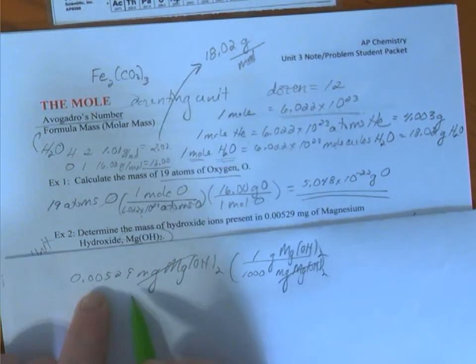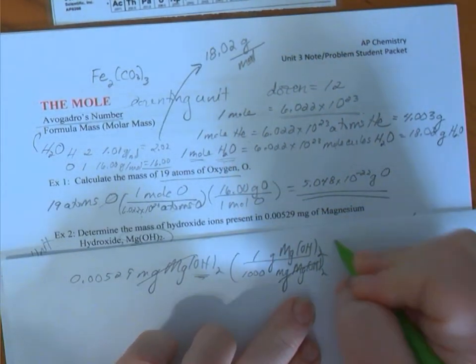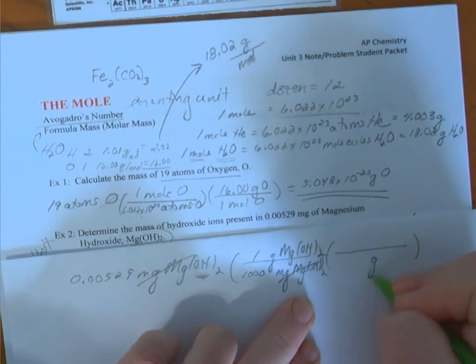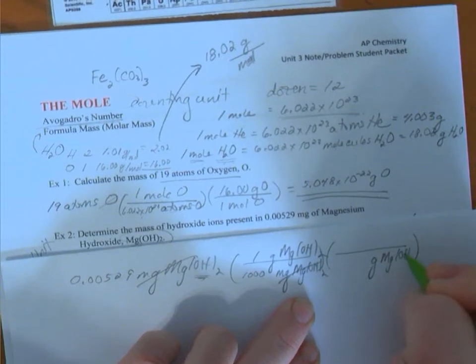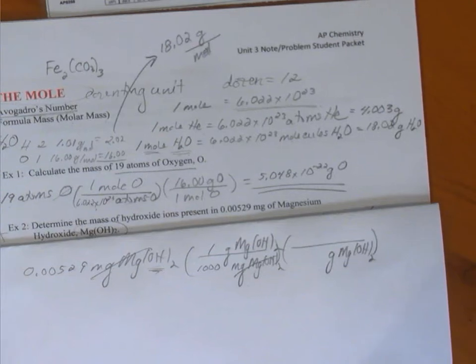All right. Now, I want to go to grams of hydroxide. I don't want grams of magnesium hydroxide. So, you have a choice here. And I trust that you're going to make the choice that makes most sense to you.